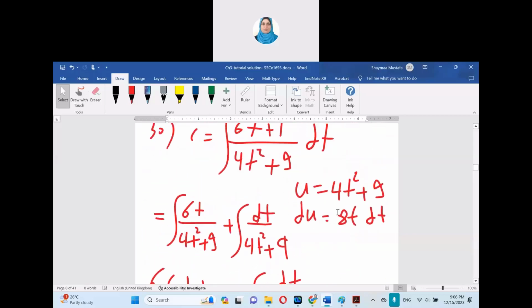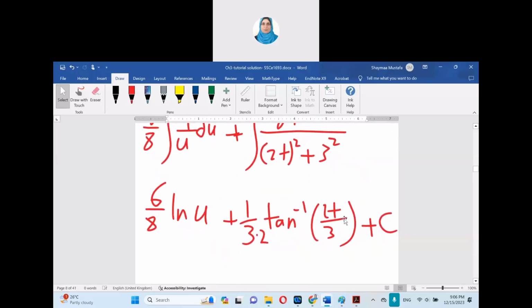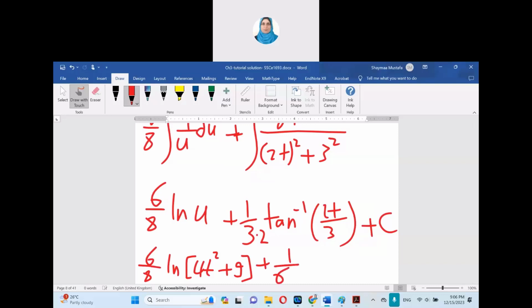Here u is 4t² + 9. So you have 6 over 8 ln(4t² + 9) plus 1 over 6 tan inverse of 2t over 3 plus constant.